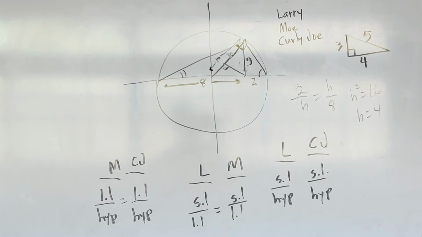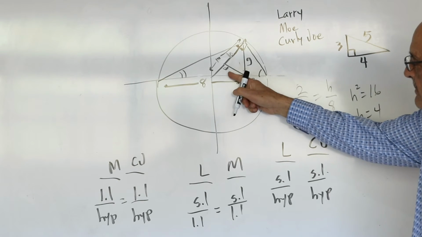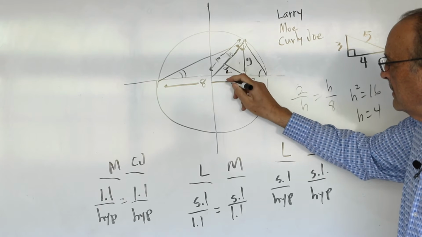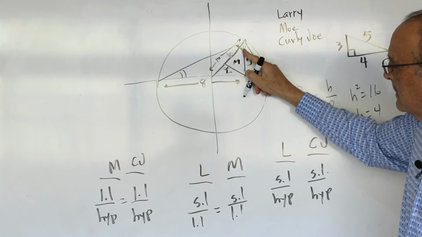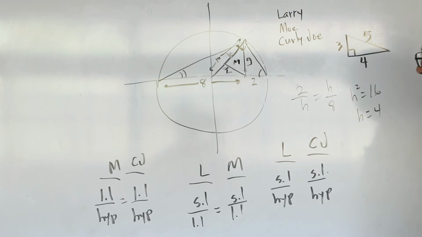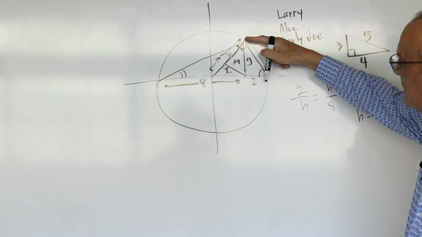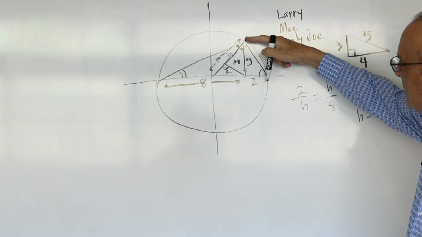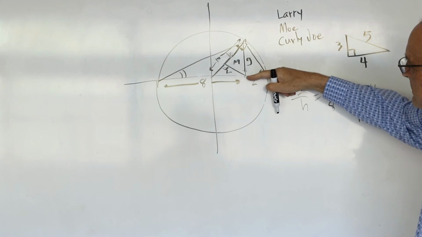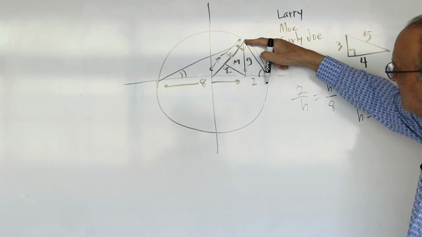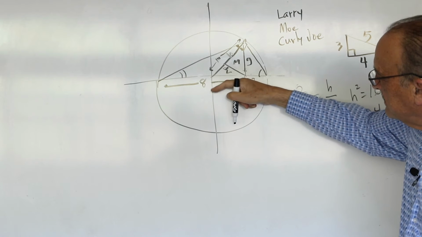And to prove that, I need a new Larry, a new Mo, and a new Curly Joe. So this will be my new Larry. This will be my new Mo. And the whole thing will be my new Curly Joe. Long leg of Mo is to hypotenuse of Mo, as long leg of Curly Joe is to the hypotenuse of Curly Joe.